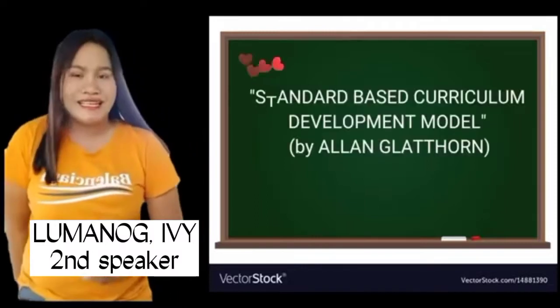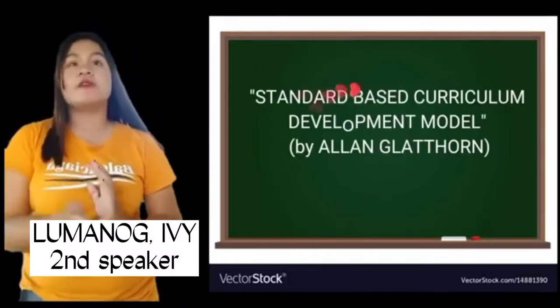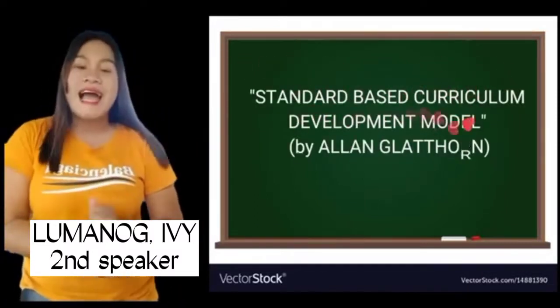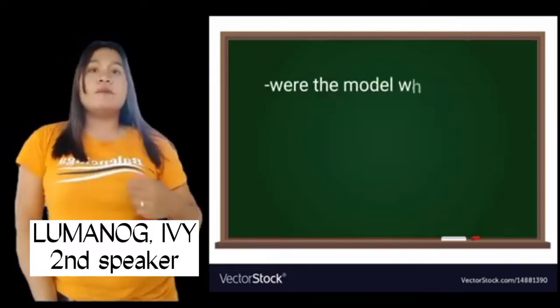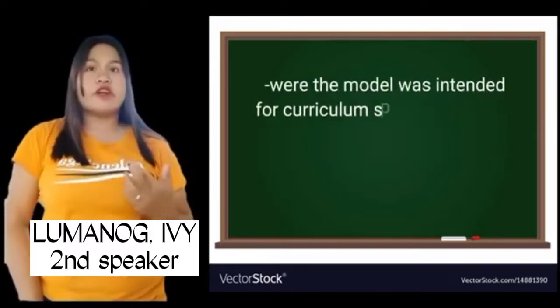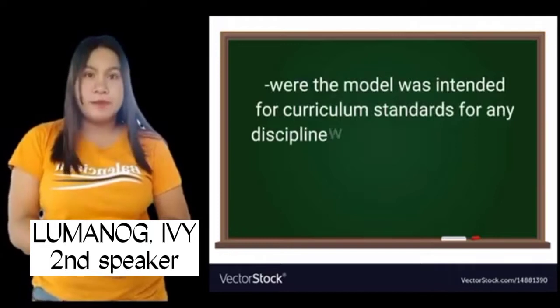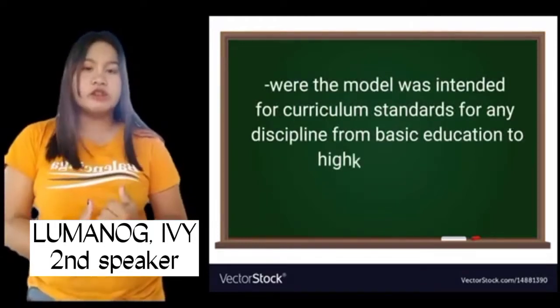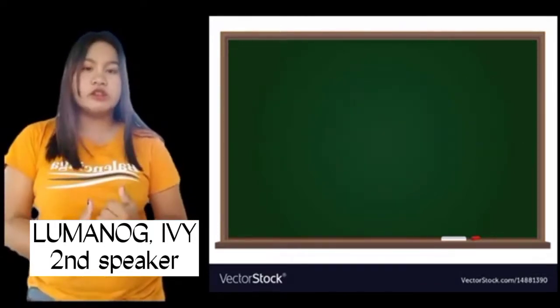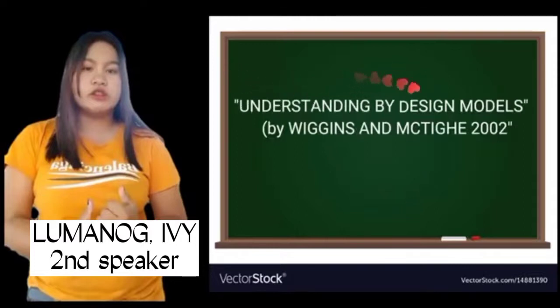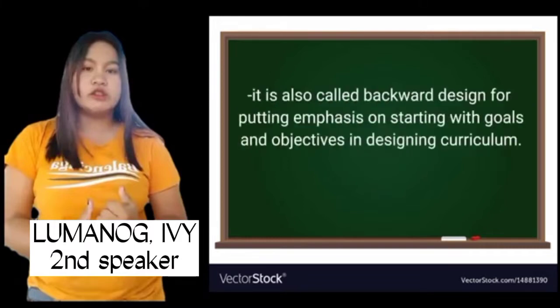So, the third one is the Standard-Based Curriculum Development Model by Alan Glatthorn. The model was intended for curriculum standards for any discipline from basic education to higher education. And the fourth one is the Understanding by Design Model by Wiggins and McTighe, 2002.